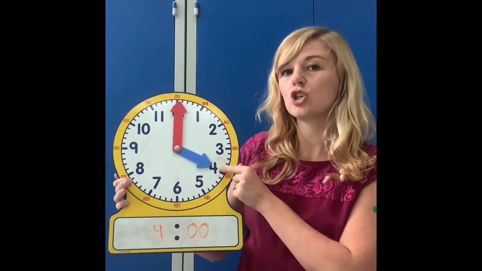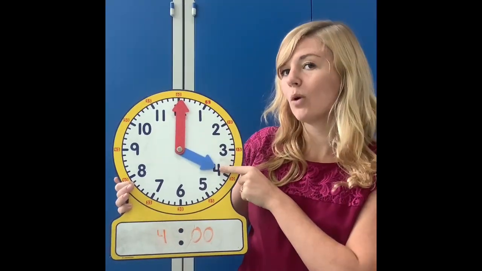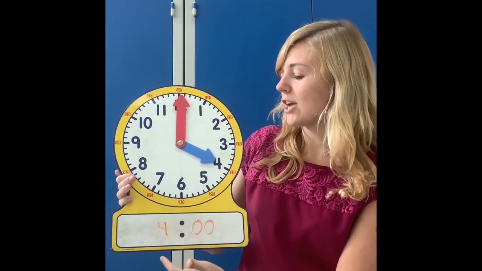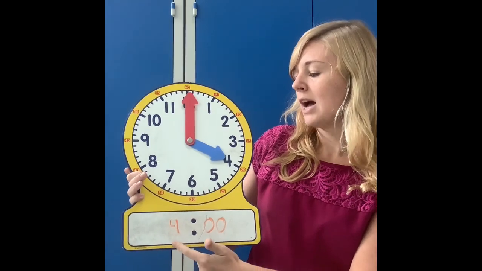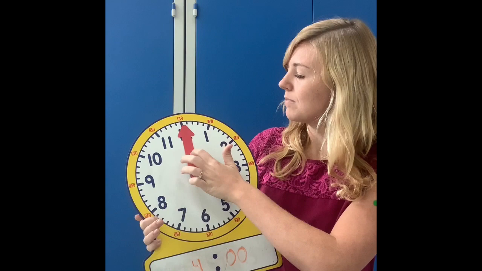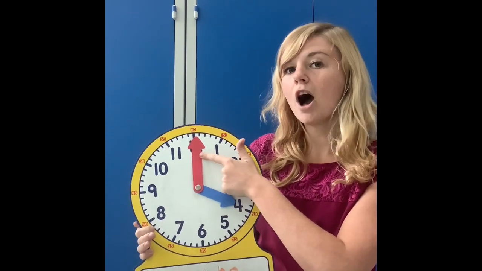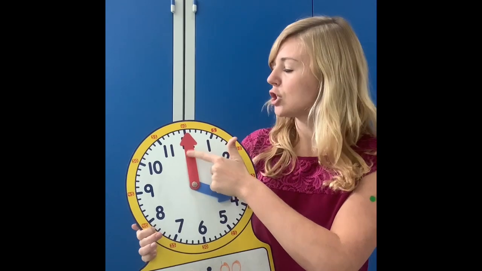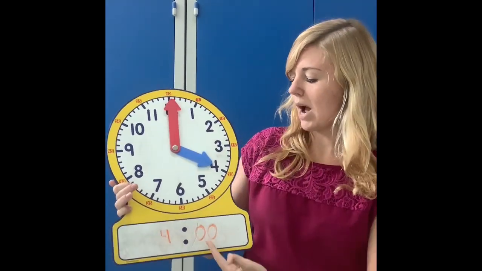We're going to write the shorthand, or the hours, first. So you're going to write your hours here, and then you're going to look for your minutes. If you look up here, remember we said that when it's on the 12, it says o'clock. When we say o'clock, it just means that it's going to be 0, 0. So we would write 0, 0 down here.